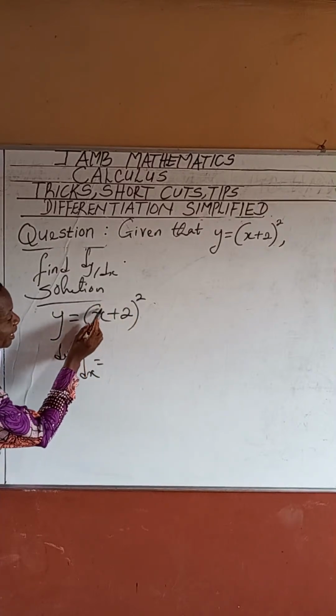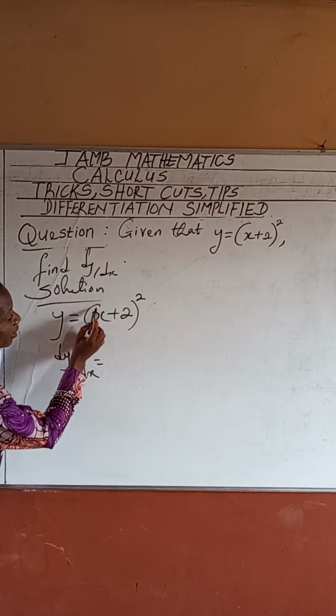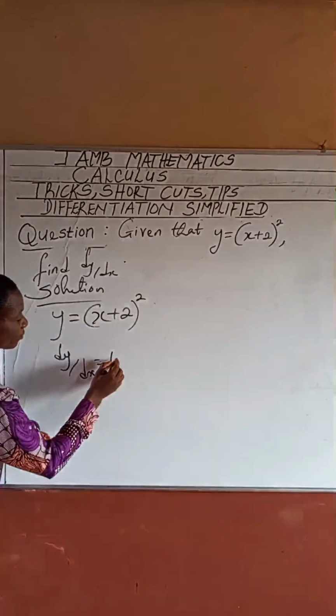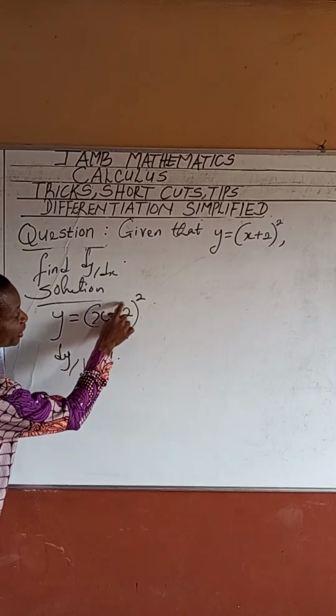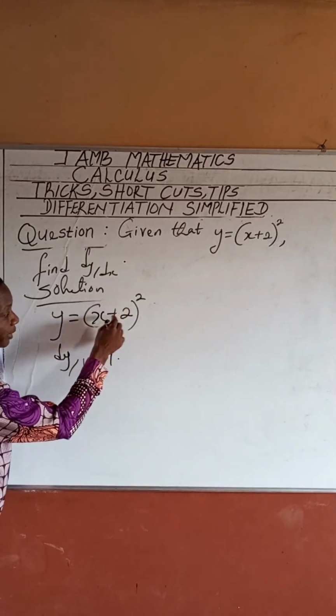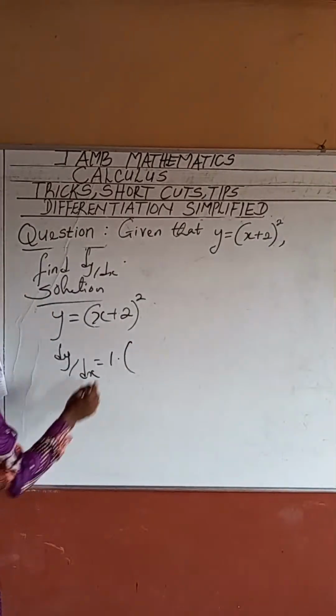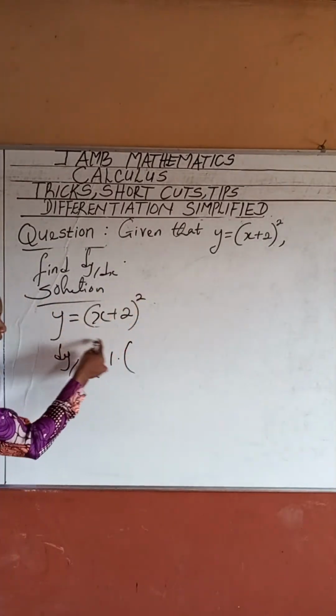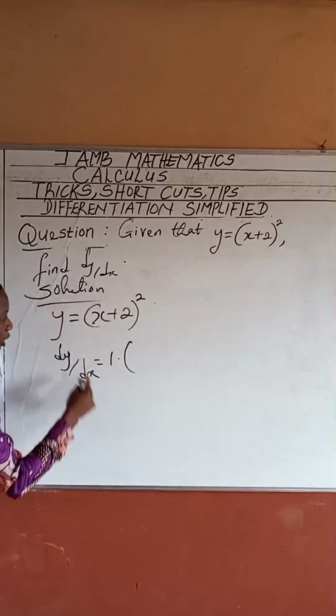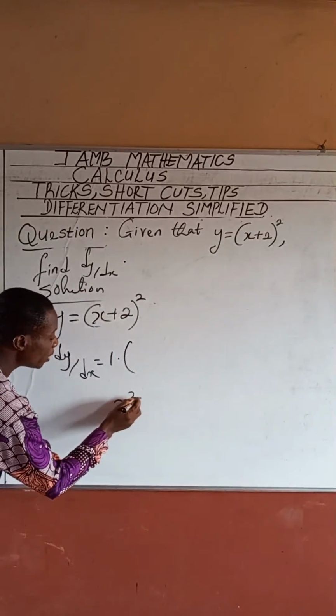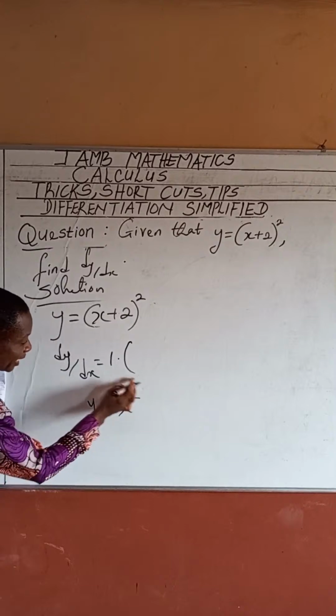If you differentiate this x, you get 1, because if you differentiate 2, it becomes 0. The 2 will disappear, right? Then open bracket, differentiate the whole expression as if it is x squared. You understand? As if it's x squared.